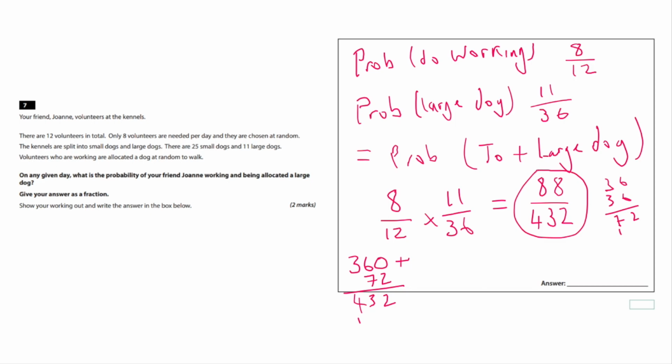But we could cut this in half, to 108 over 216. Can we reduce this anymore? I think that's as much as we're going to reduce that today, because we've got the correct answer. It hasn't asked us to reduce this fraction, so I think we'll leave it at that.